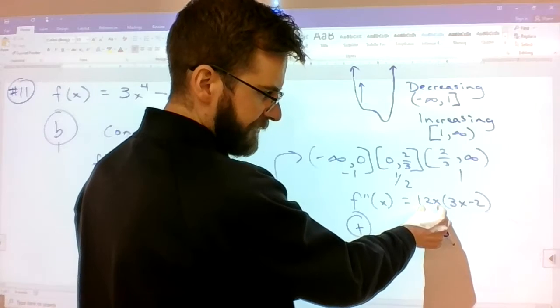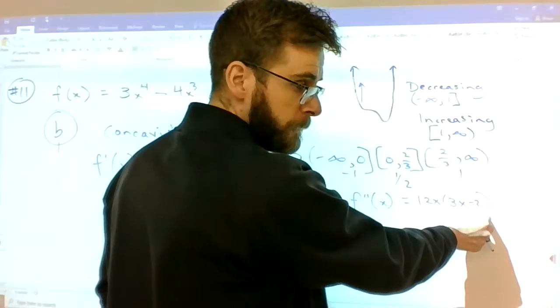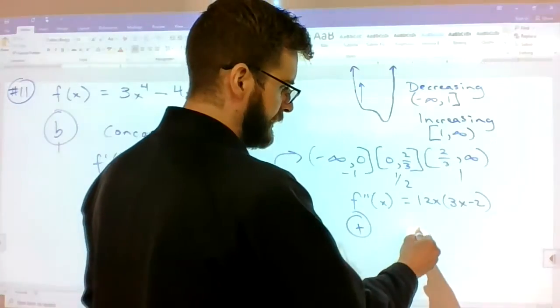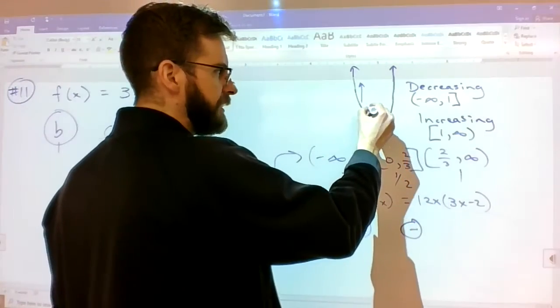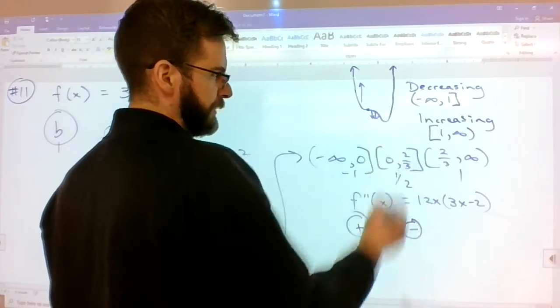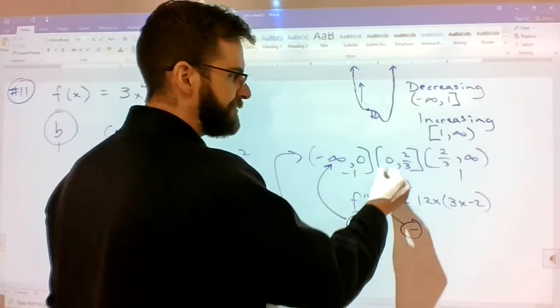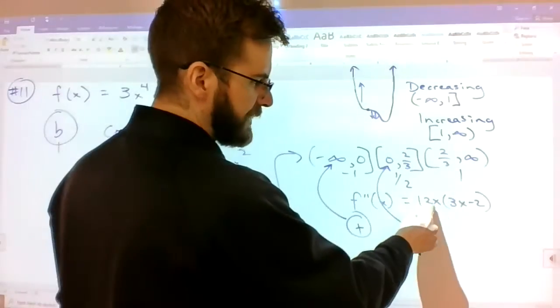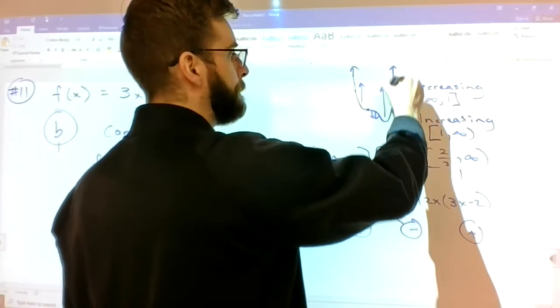It yields a positive number there. 3 times a half is 1.5 minus 2. That's negative. Negative times a positive is negative. Makes sense. Right about here, it seems like it's pushing water down for a little while. So it's concave up there, concave down there, and when you plug in 1, it's going to be a positive times a positive. It goes back to concave up again.